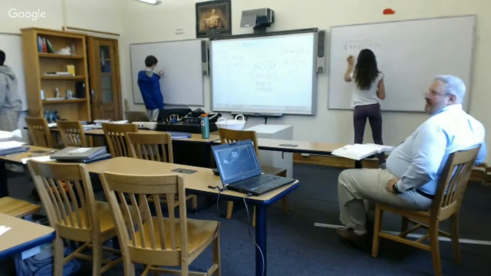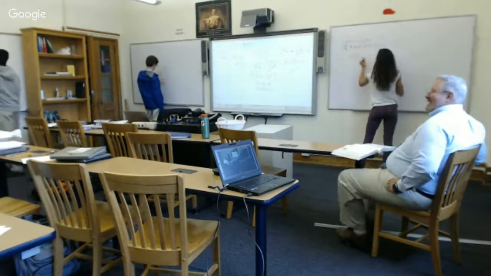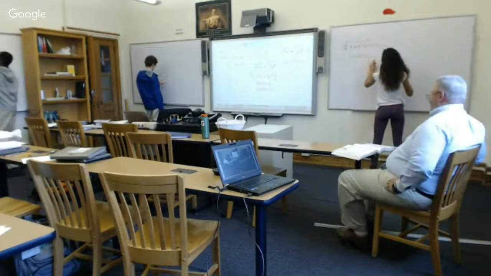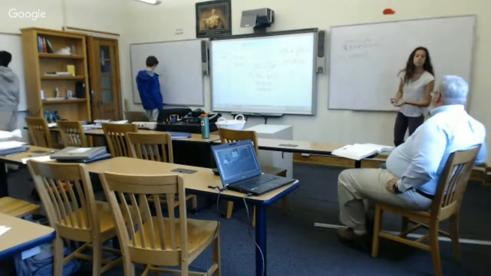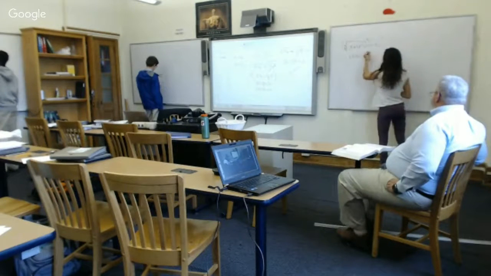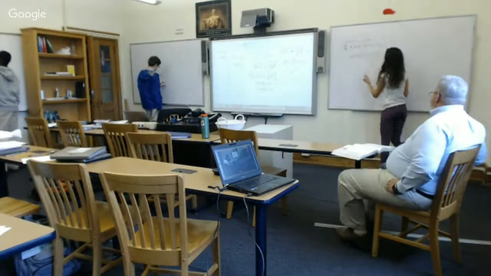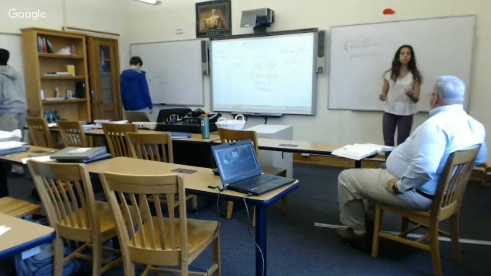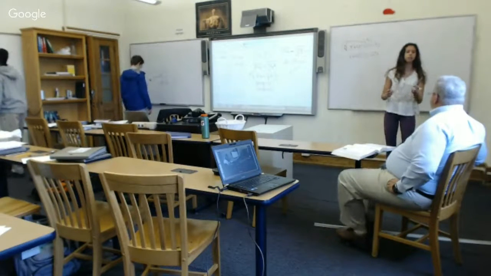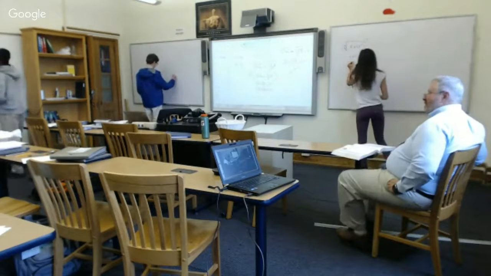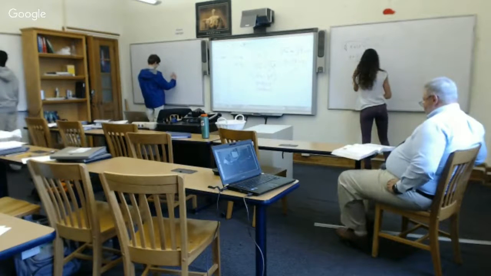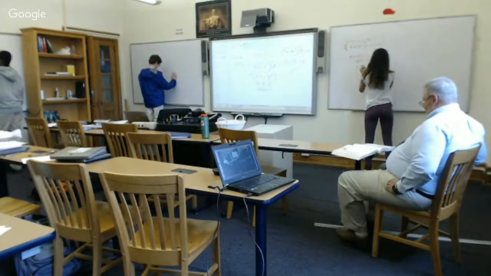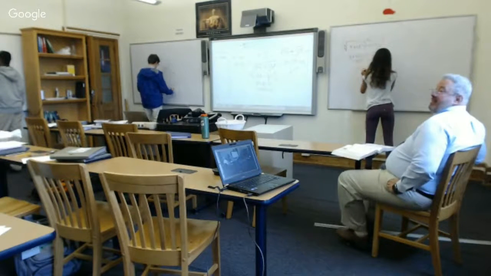What is 5 times 5 times 5? 125. Yes, negative 125, it works. Minus 165.